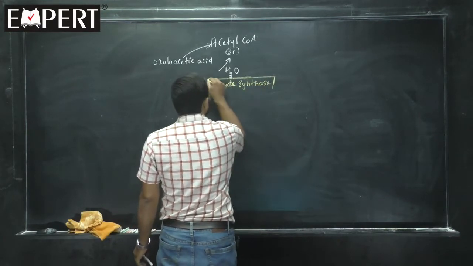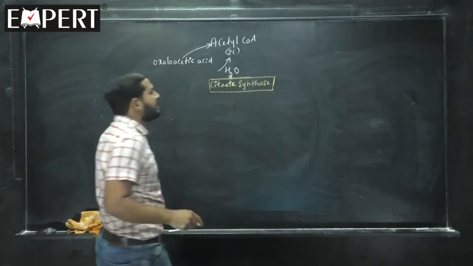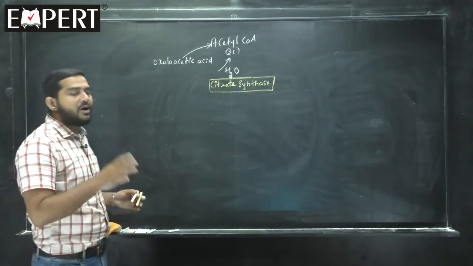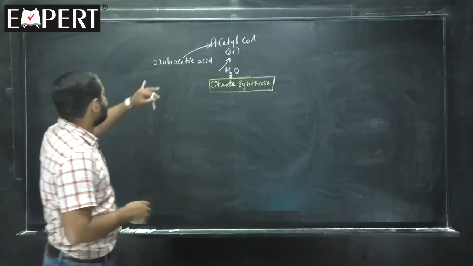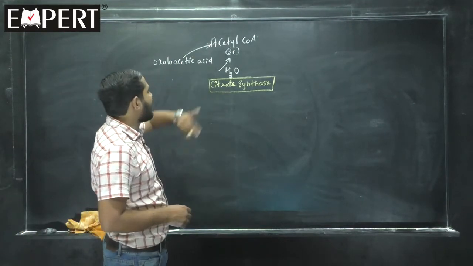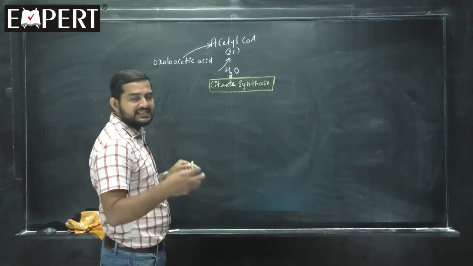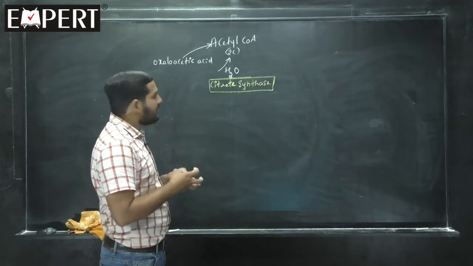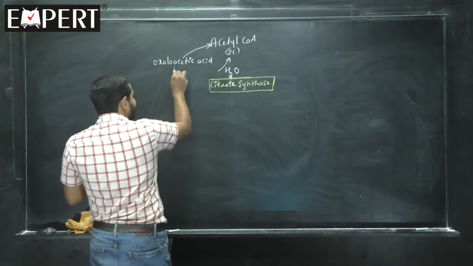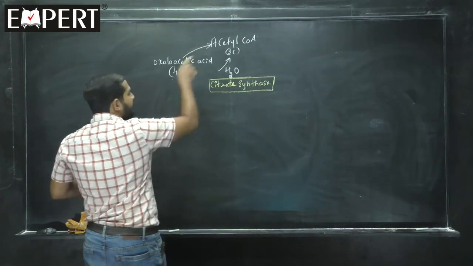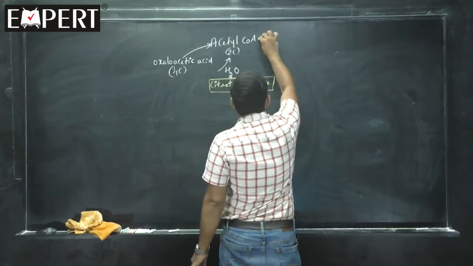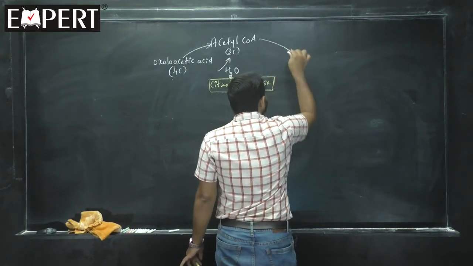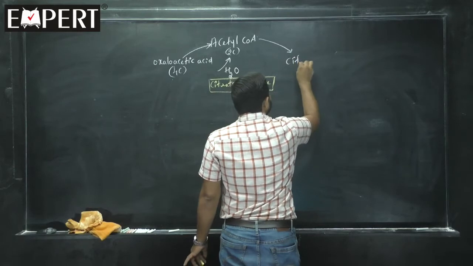Citrate synthase is the enzyme doing this reaction. I am not writing all the enzymes, only the specific required enzymes. Oxaloacetic acid reacts with acetyl-CoA. It is a condensation reaction because oxaloacetic acid has 4 carbons and acetyl-CoA has 2 carbons. The product which is going to form here is called citric acid.